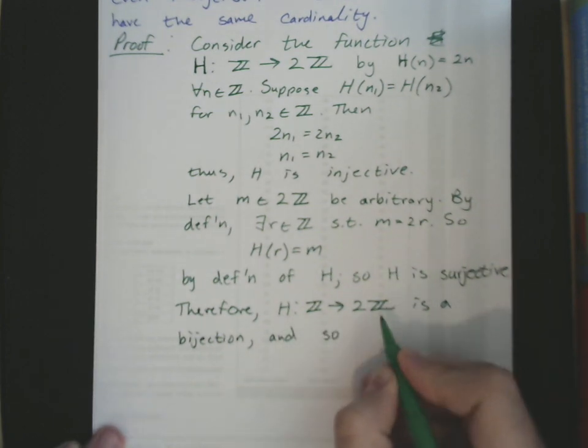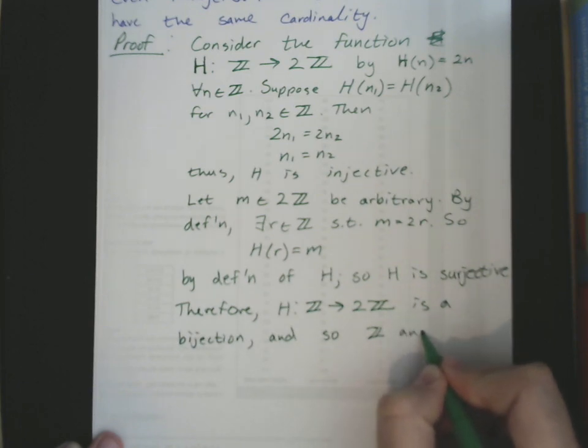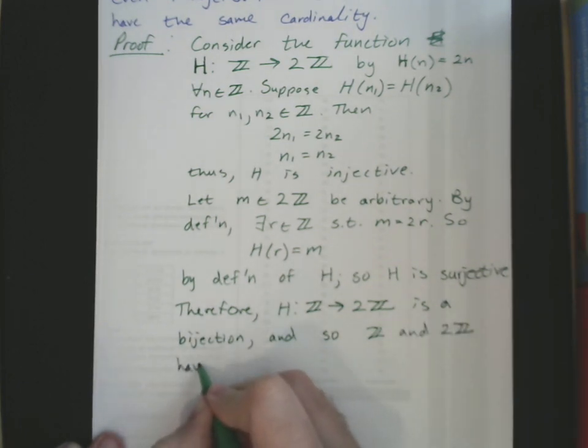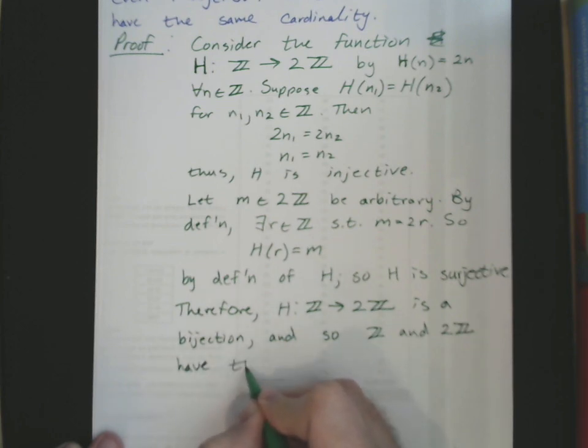And so Z and 2Z have the same cardinality.